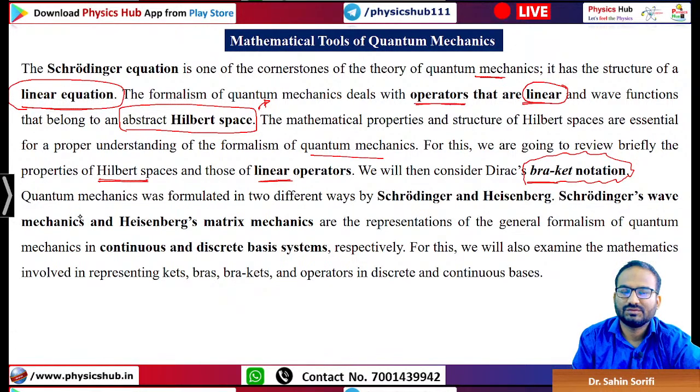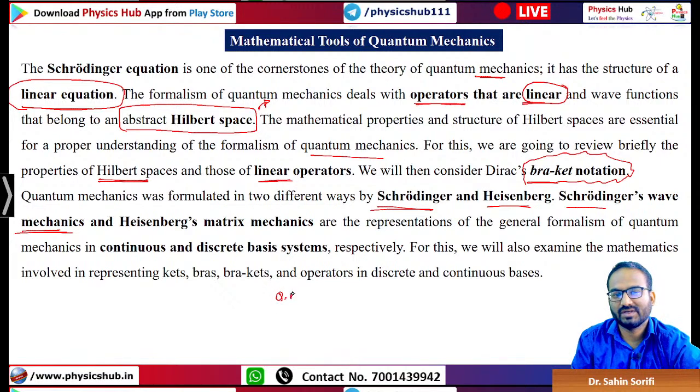Quantum mechanics is basically formulated in two different ways. One is given by Schrodinger, another one is given by Heisenberg. The approach given by Schrodinger is known as wave mechanics. If we classify the quantum mechanical approaches, this is very important. We have two approaches. One is the wave mechanics approach, by taking the wave function and doing things.